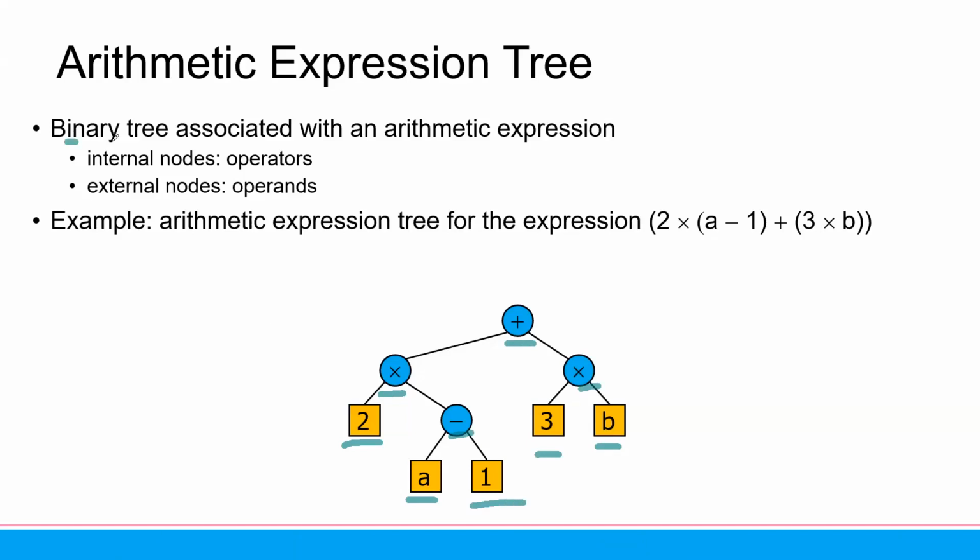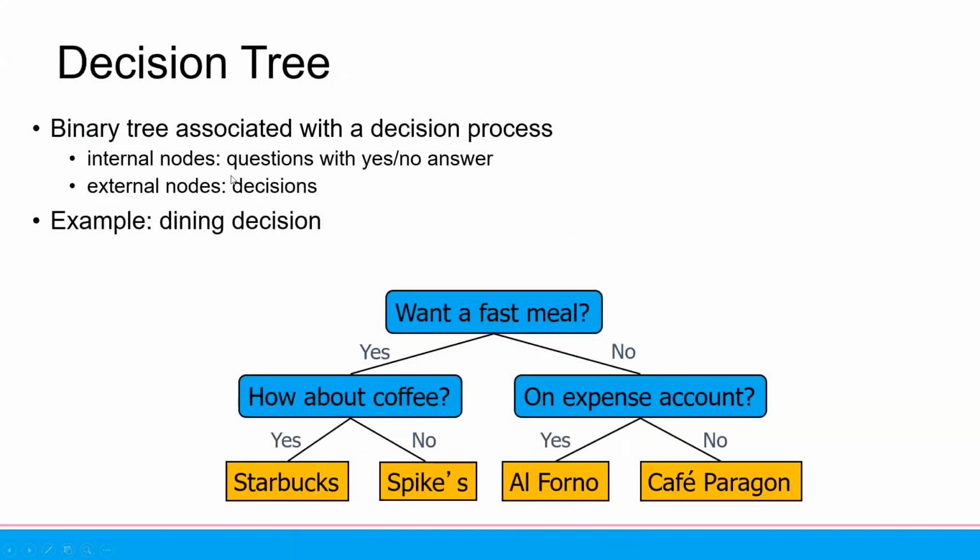This is the binary tree. The other kind of tree, you can use the binary tree with the decision process. So if you learn machine learning, or if you learn the data mining stuff, you will have what we call binary classification.